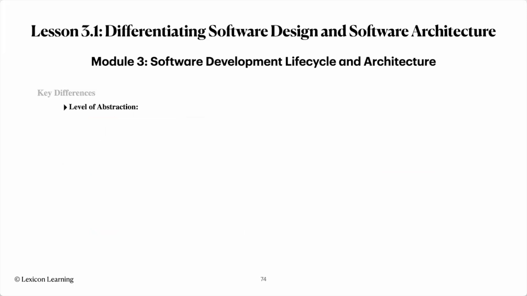The key differences are level of abstraction. Architecture is high level, design is detailed and low level. And focus of architecture addresses what and why the system or subsystem is, and the design tackles with how.